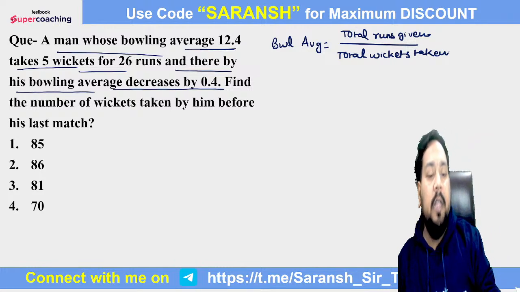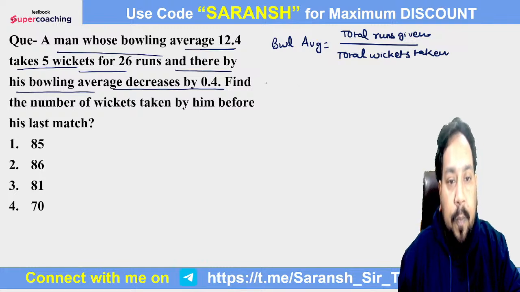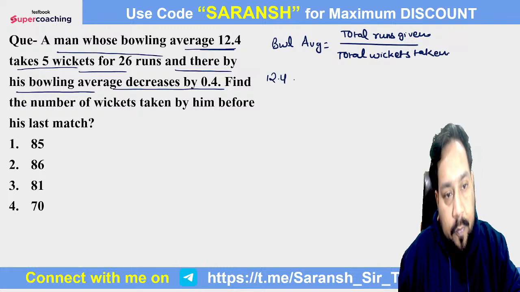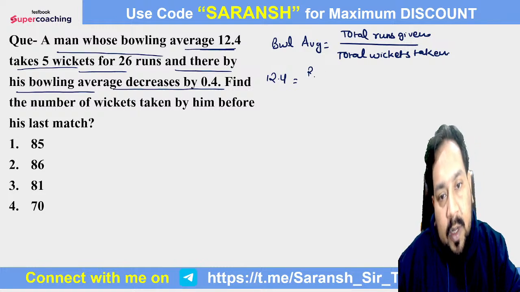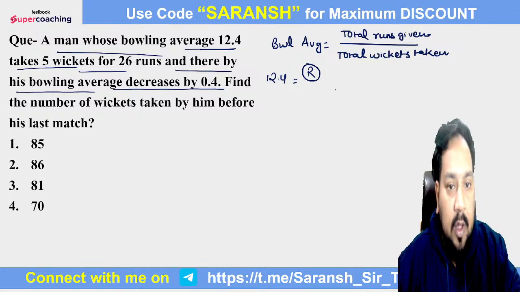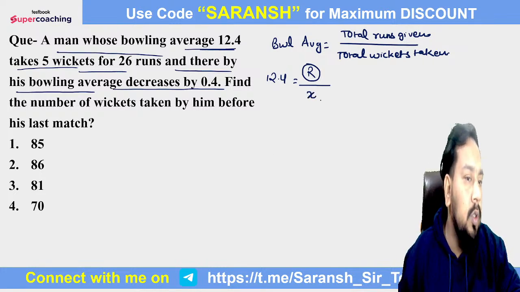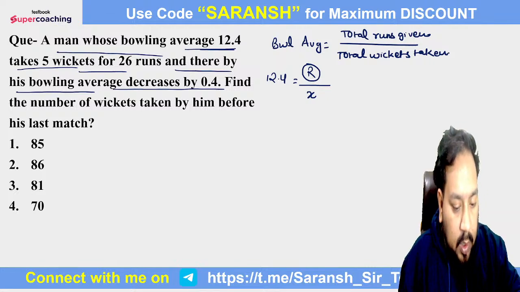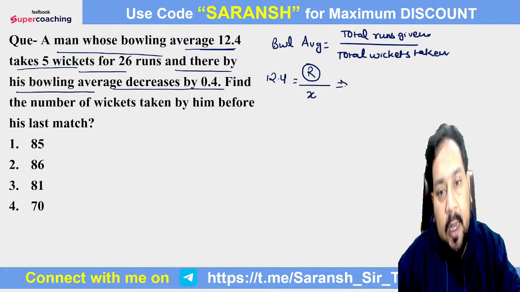Total wickets taken. Now tell me, the bowling average is 12.4. I don't know how many runs he gave and how many wickets he took. Now I can calculate here.